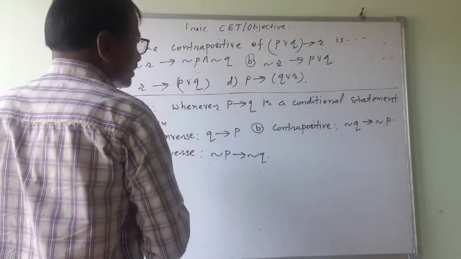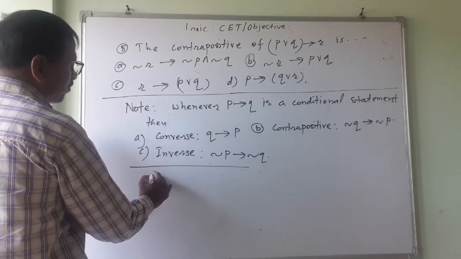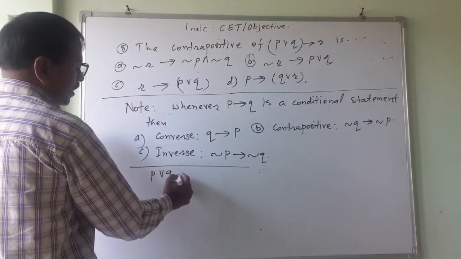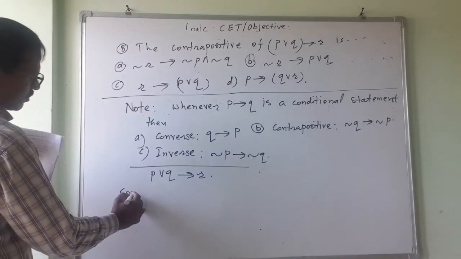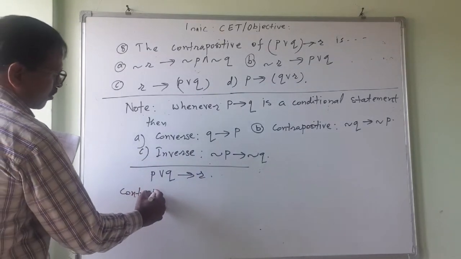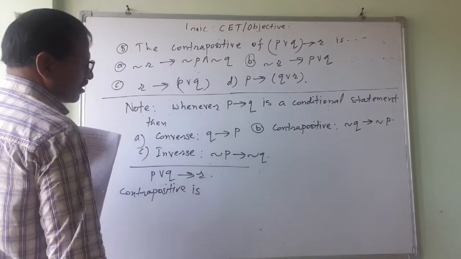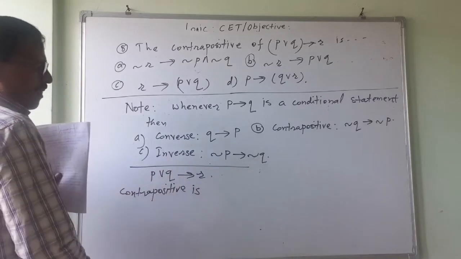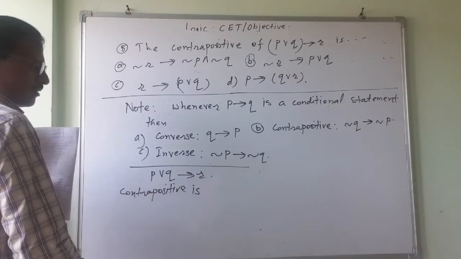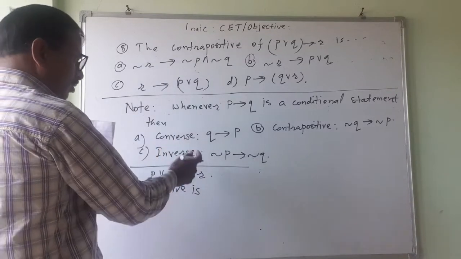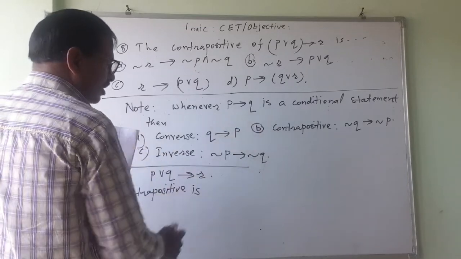So now for this, what is our statement? P or Q implies R. The contrapositive is, just make the inverse of this first, means make it the opposite. So converse and its negation, that is called the contrapositive.